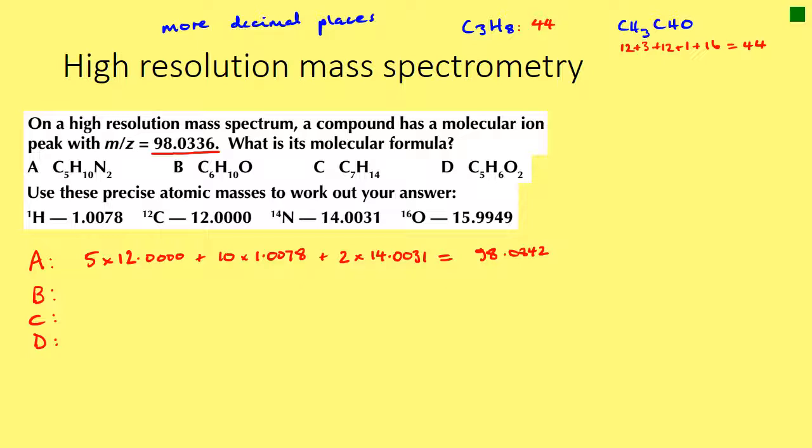D, we have C5H6O2. So that is 5 times 12 exactly again, plus 6 times our hydrogen, and 2 times our oxygen.